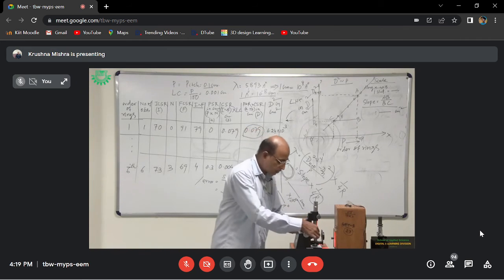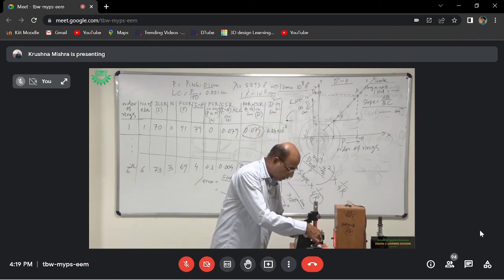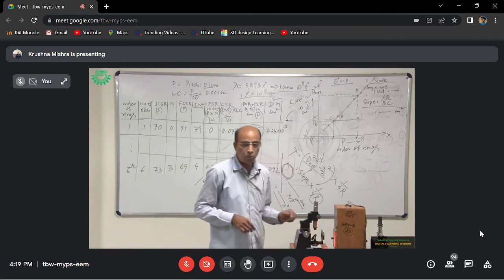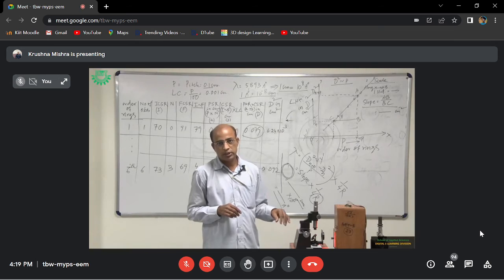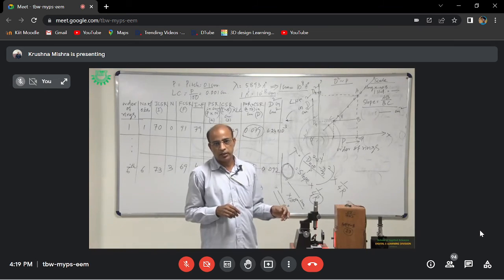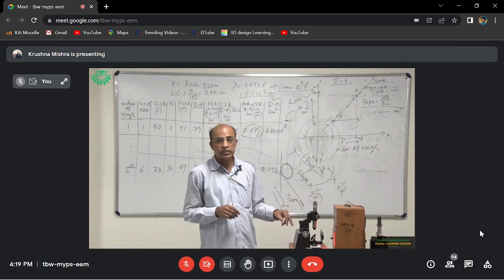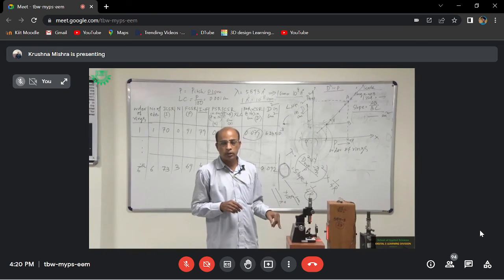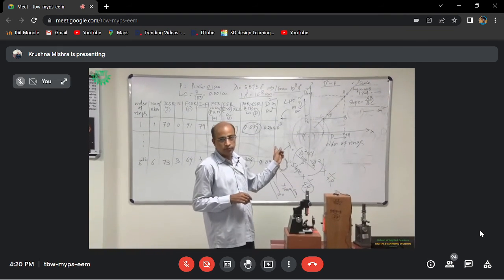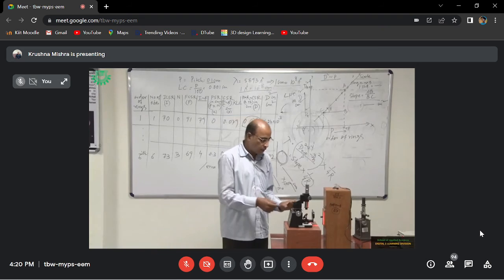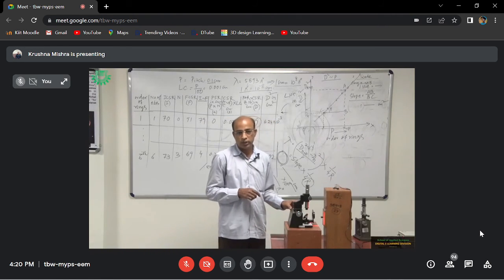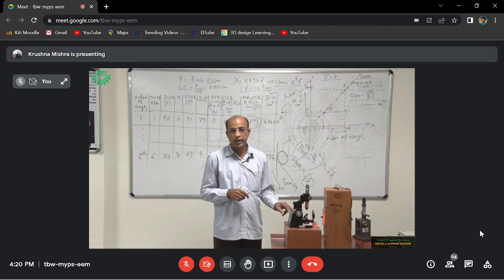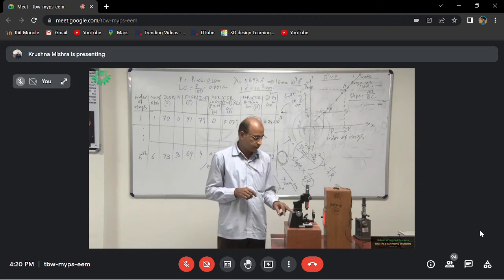And this glass plate must be kept exactly at 45-degree inclination. If its angle is slightly changed, then also rings are not going to be formed in that air film. Then, while rotating this circular scale, we have to keep in mind that it should be rotated in the same direction, so that backlash error can be avoided.